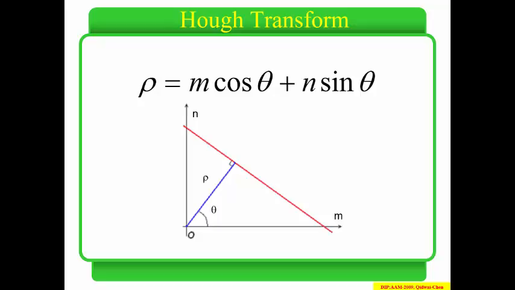So, if you remember last time, we proved that this equation is satisfied for all of the points that fall on this line that has the rho and theta values. Okay? But how can I make use of this? How can I make use of this to identify whether I have a certain pixel or a number of pixels that fall in the same straight line or not?